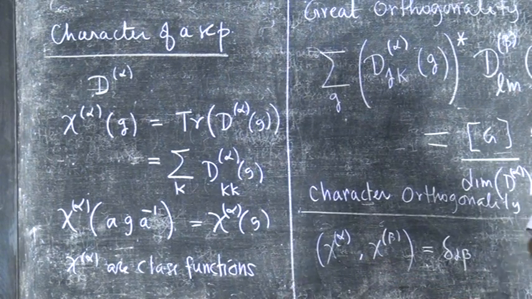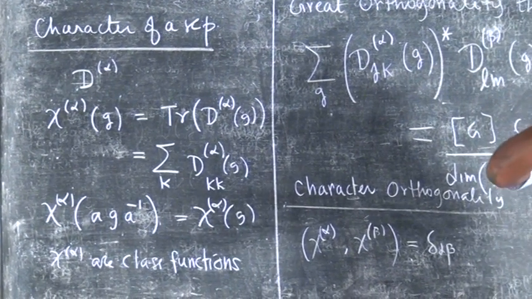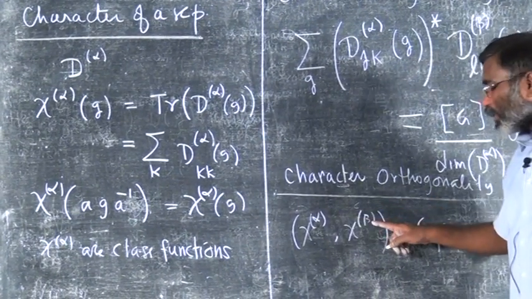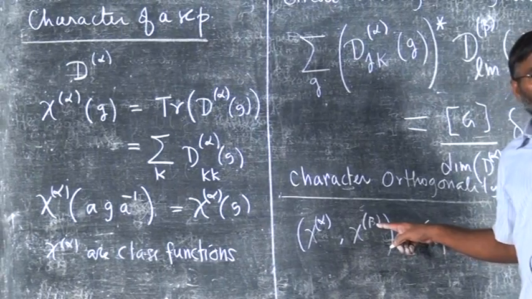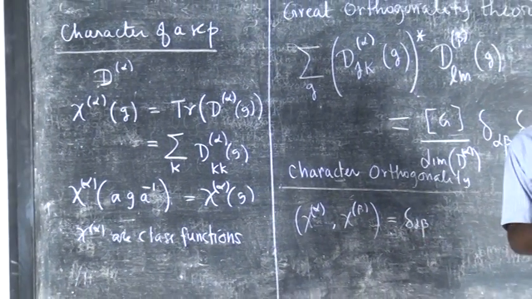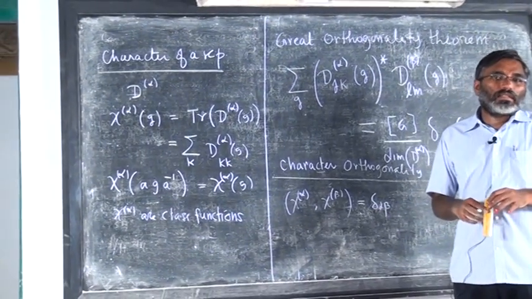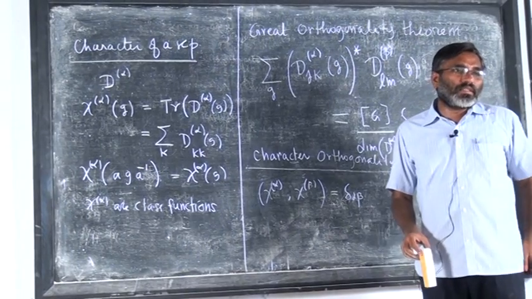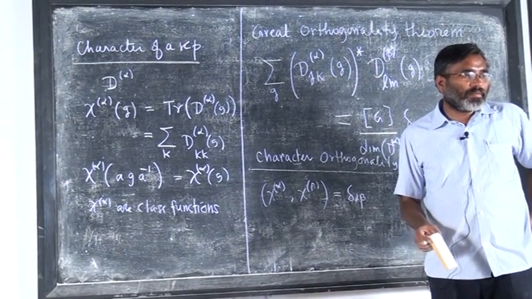There are no matrix elements. So if alpha and beta are two irreducible representations, then chi alpha chi beta is equal to delta alpha beta. In some sense, the character strings form unit vectors for the vector space.